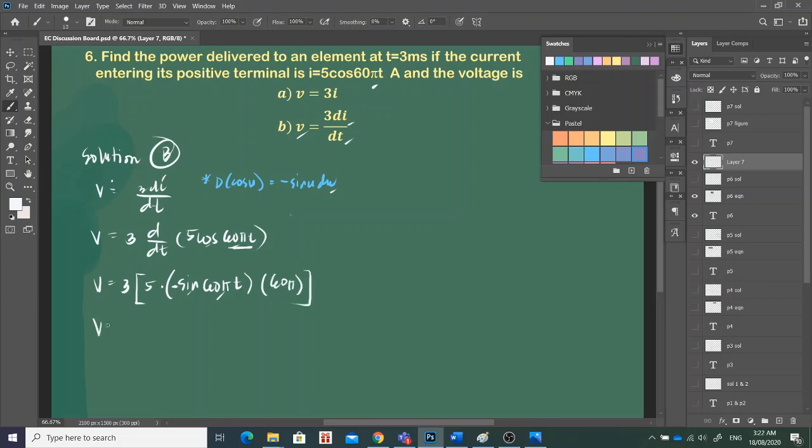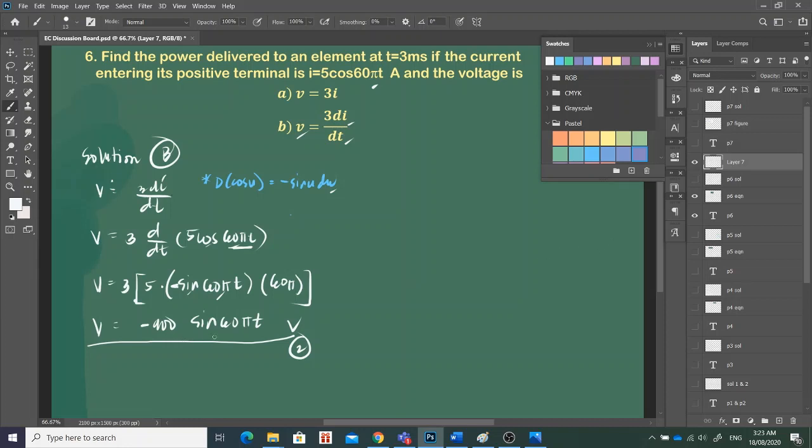Then we arrange 3 times 5 times 60, that is 900. Kunin na natin yung negative sign dito. So V is negative 900 pi sine 60 pi t, in volts. Ito yung ating equation 2.